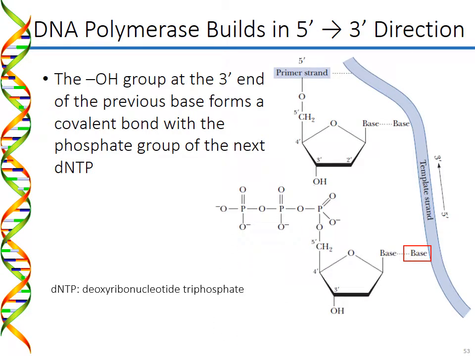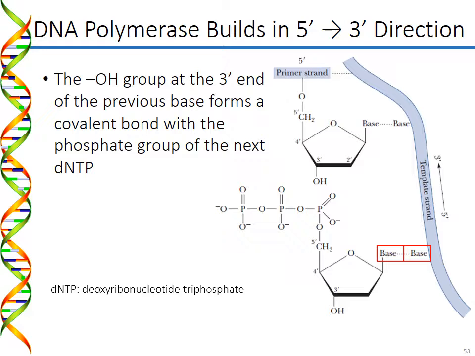So the complementary nucleotide to that base will come along and start to be incorporated into the newly synthesized strand. The hydrogen bond is formed based on the standard base pairing rules. So that hydrogen bond forms, but that's that weak hydrogen bond that we talked about.